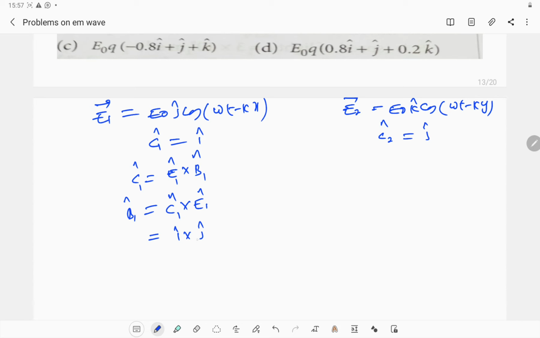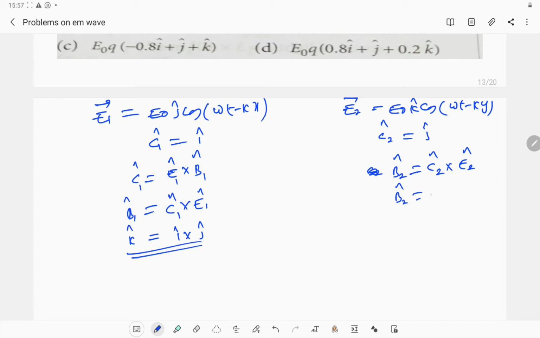I cap cross j cap is k cap. Like that, b2 cap is equal to c2 cap cross e2 cap.